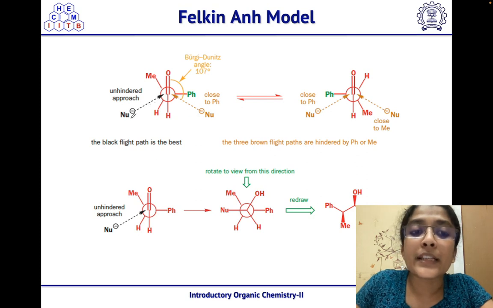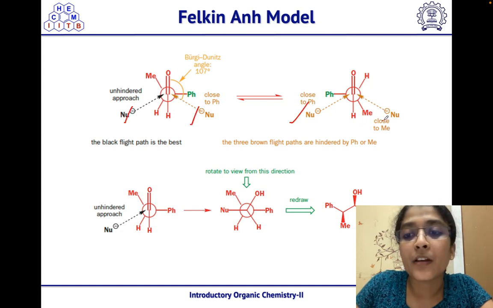And there are four possibilities for attack of the nucleophile as given here, this black one and these three yellow ones, because there are two conformations where Ph is coming perpendicular to the carbonyl. So there are four possibilities, and out of these this is the more facile one because of the unhindered approach, because of this small-sized hydrogen atom.